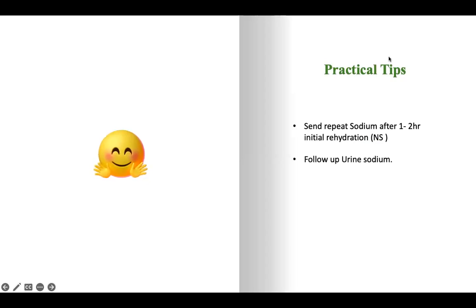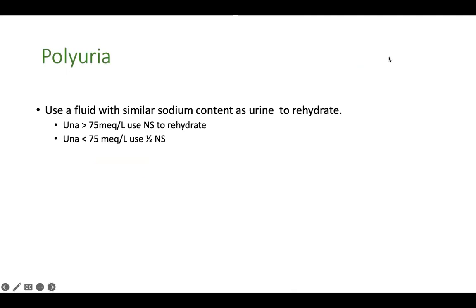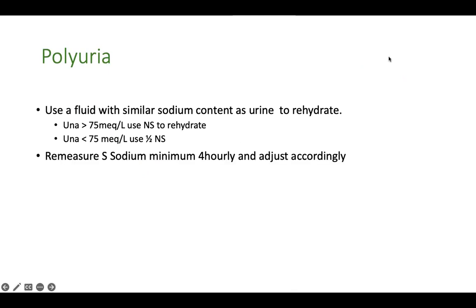Always follow up the urine sodium. If you are dealing with a child with polyuria, rehydrate with the fluid which contains the same sodium as the urine sodium. That means if you are having a urine sodium more than 75, use normal saline to rehydrate. Whereas if the urine sodium is less than 75, use half normal saline to rehydrate.